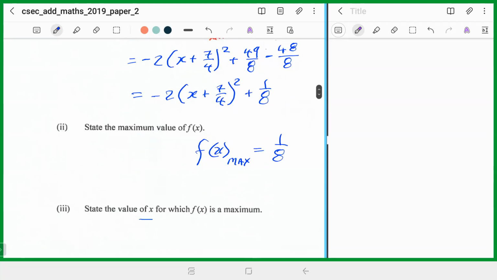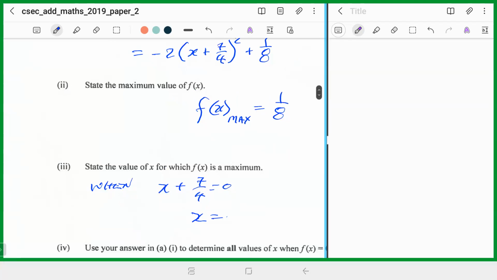And it says state the value of x for which it is maximum. It is maximum when the bracketed term, x plus 7 over 4, is 0, which is when x equals negative 7 over 4. That's the value of x where it is the maximum. So the maximum point has these values. This is the x value at the maximum point. That is the y value at the maximum point. Those are the coordinates of the maximum point.